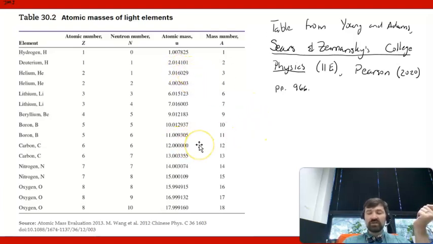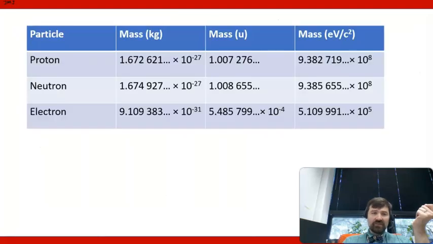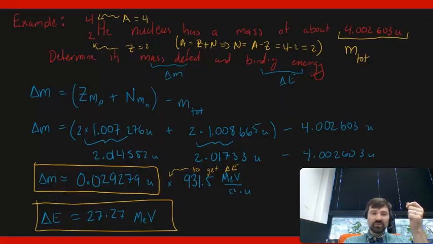So that's a good start. And for what it's worth, I've compiled a table of the masses in each of these 3 units for the proton, the neutron, and the electron that you can use if you want to do some more problems of this sort.